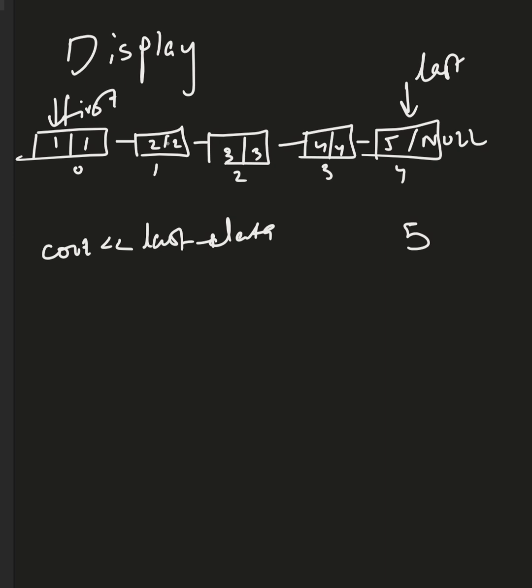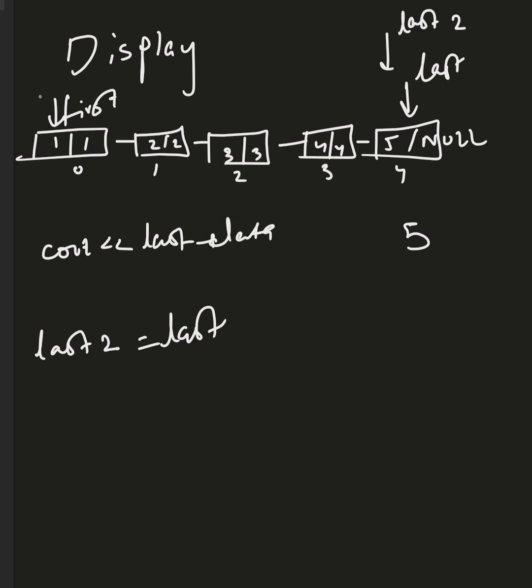Like in display we took temporary, over here let's take a pointer last2, and let's assign it the value of last. So now we have last2 pointing over here. What I want now is last2 to move over here so I can print 4.